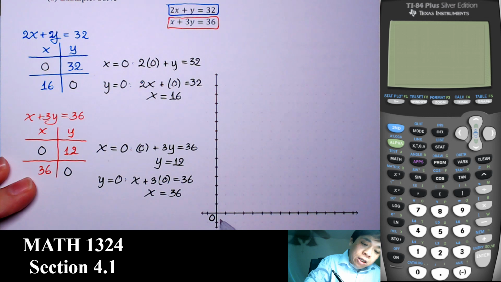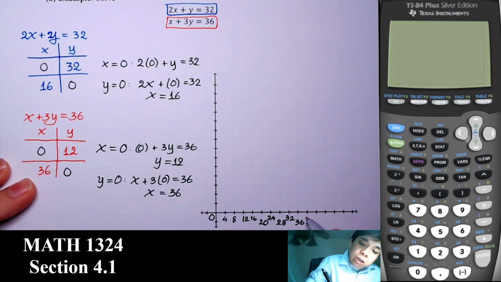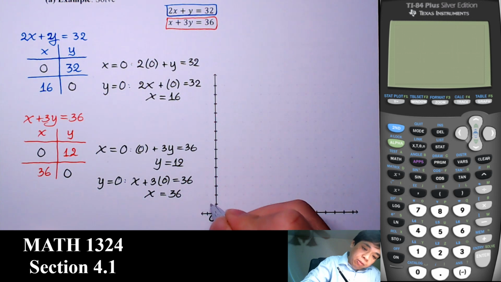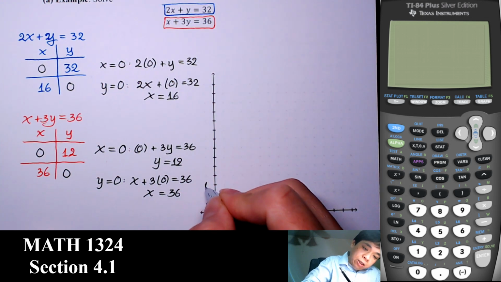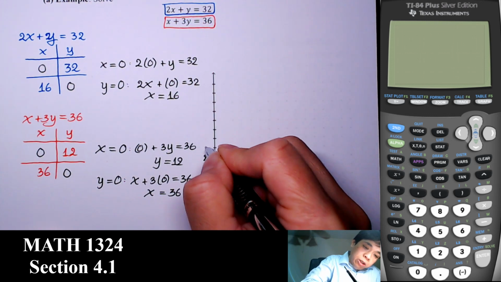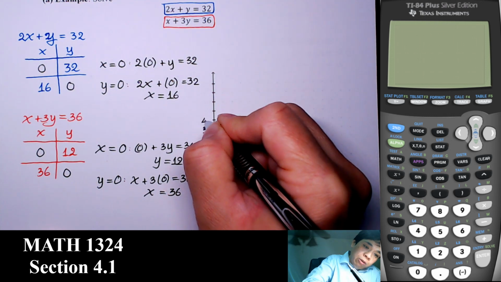So 0, 4, 8, 12, 16, 20, 24, 28, 32, 36, and 40.